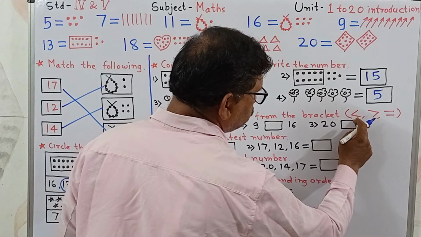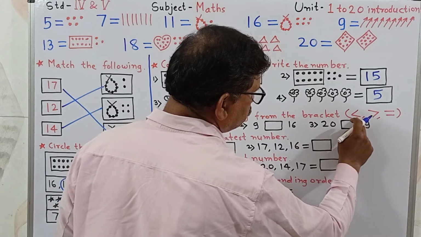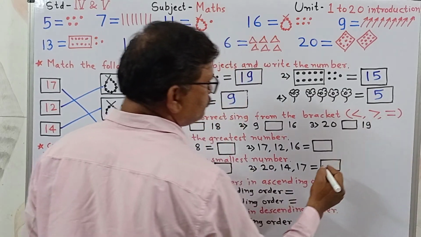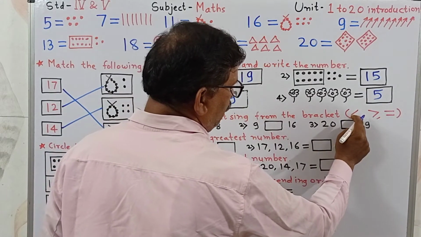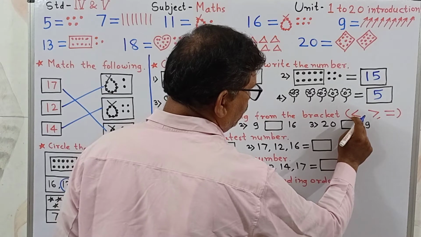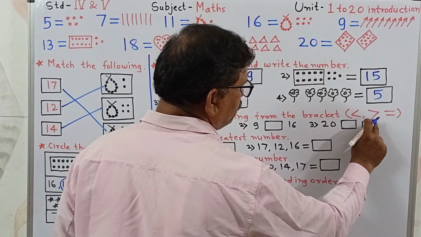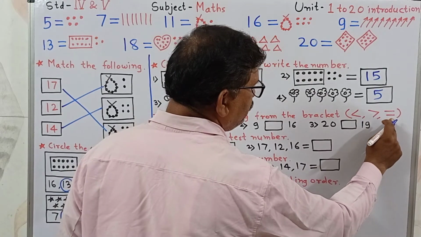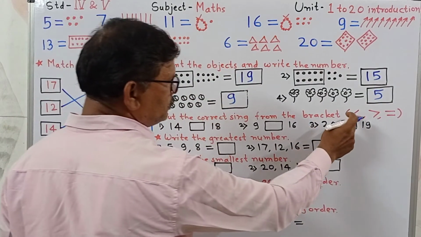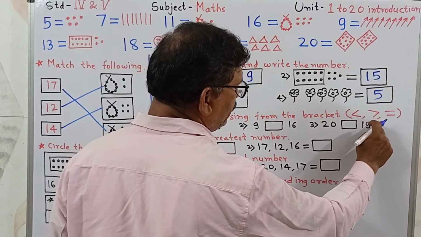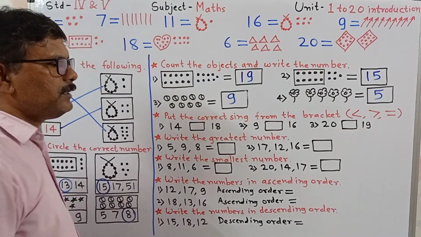This is less than. 15 is less than 9, see. Less than, then greater than, and equal to. This one is called less than, then more than or greater than, then equal to.